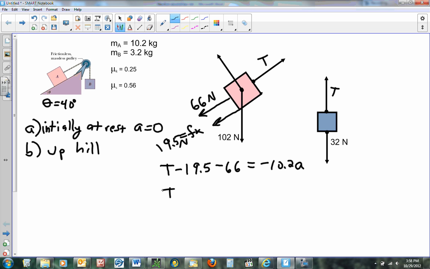T minus 32 equals positive 3.2 A. That's the equation, sum of the forces equals MA.